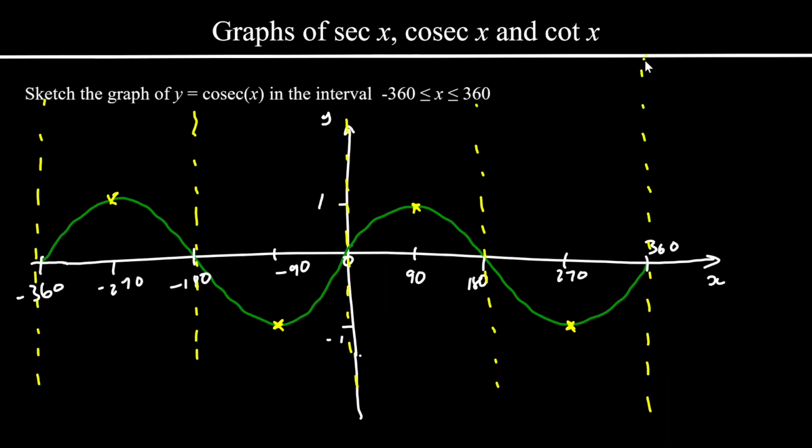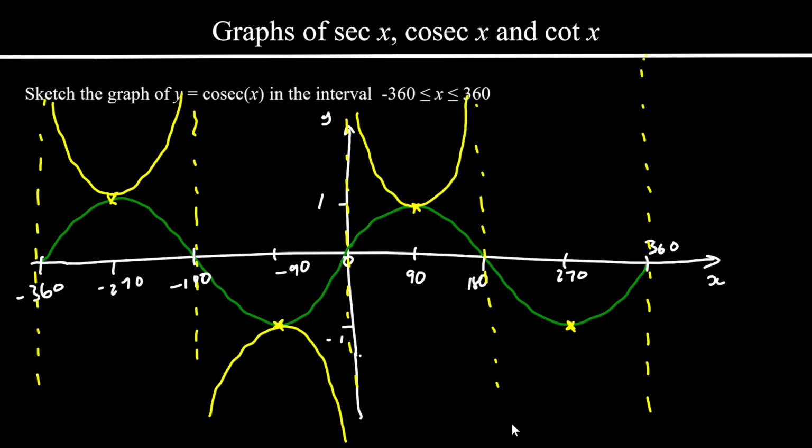And then the same shape, so it gets closer and closer to the asymptotes, but never reaches them. So that is our graph of y equals cosec x.